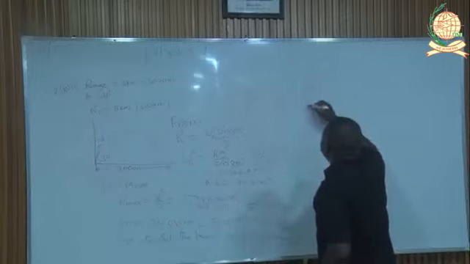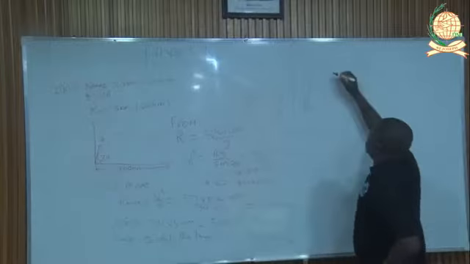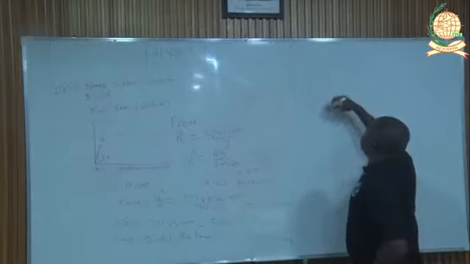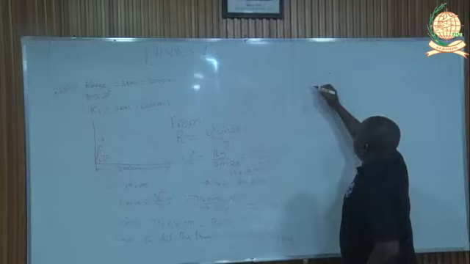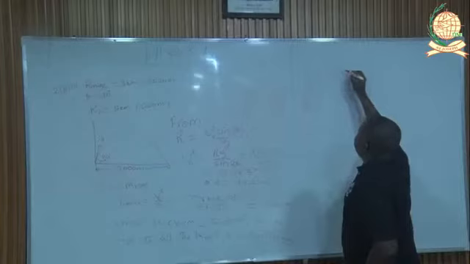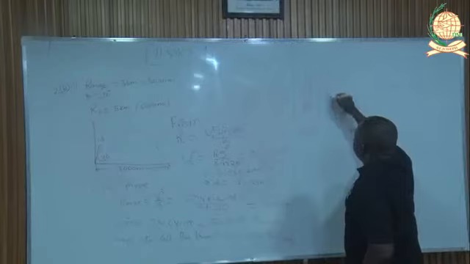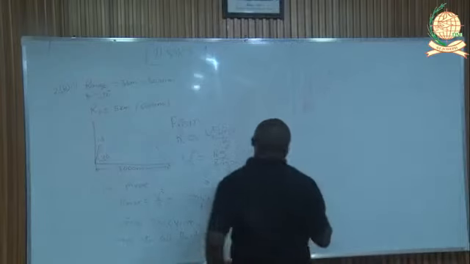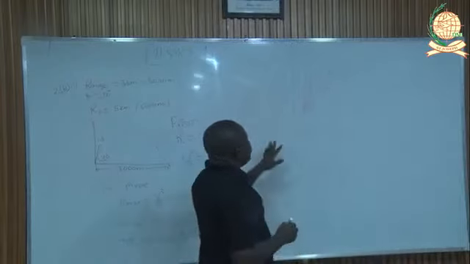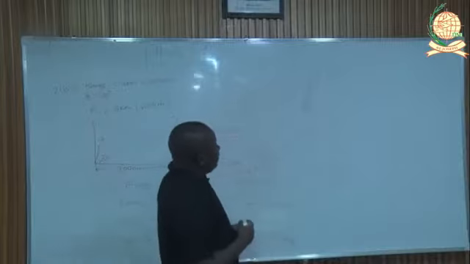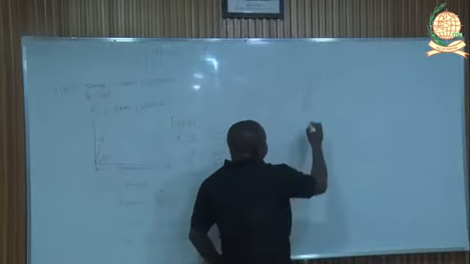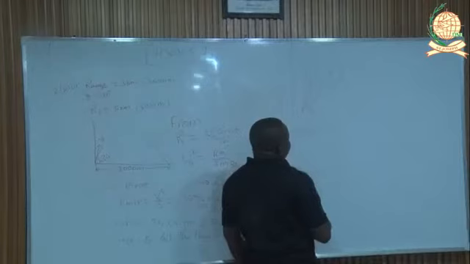V0, this is the angle of projection. This is the maximum point. At the maximum point, velocity is equal to V0 over 2. This is the maximum height. Then the question is, find the angle of projection, angle theta.